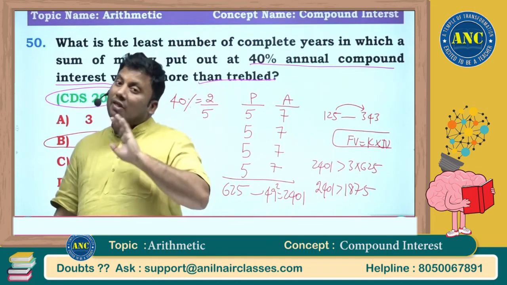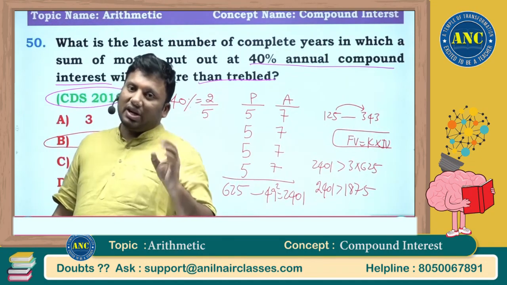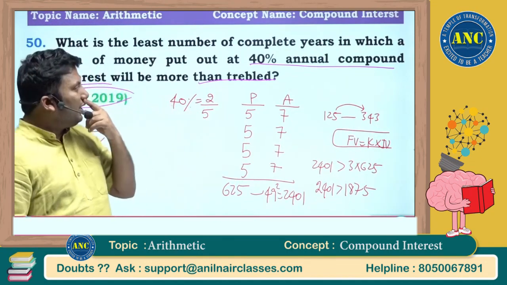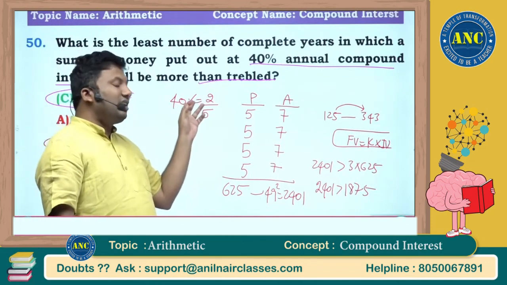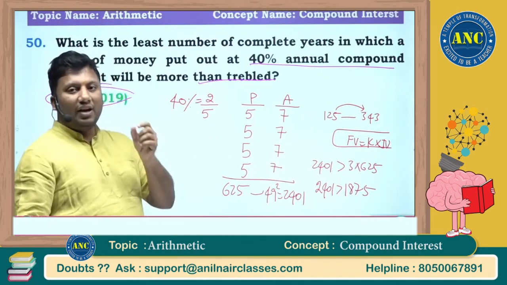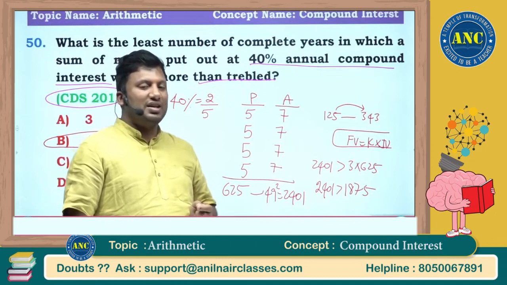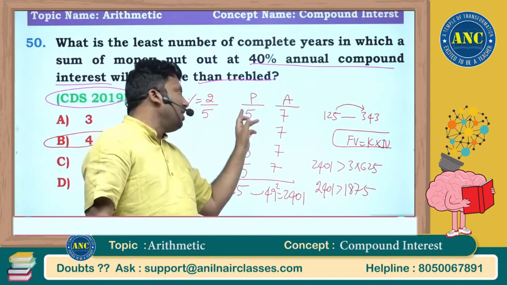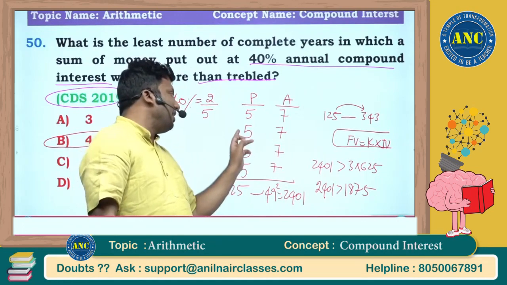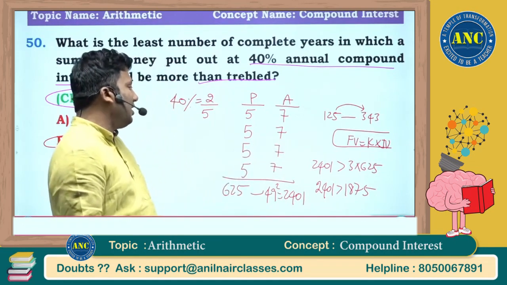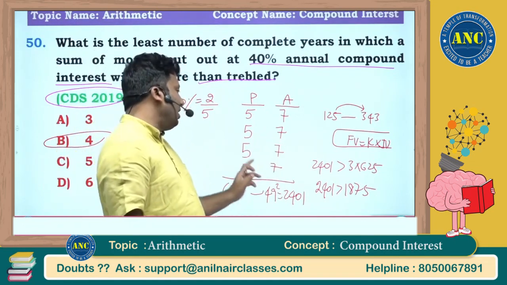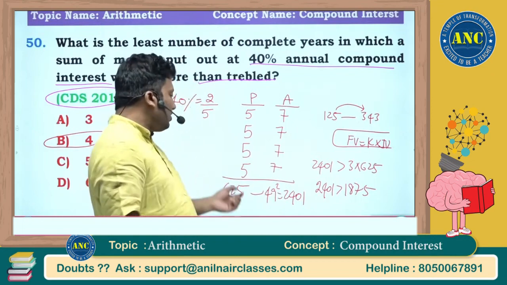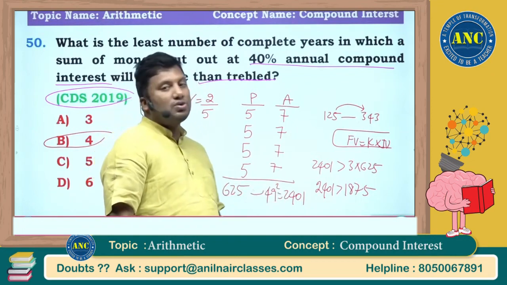No formula, nothing is required. Just read the question and convert it into a mathematical expression. 40% is 2 by 5. Rate of interest is a percentage increase. Denominator is always the initial value. 5 became 7. 625 became 2401.